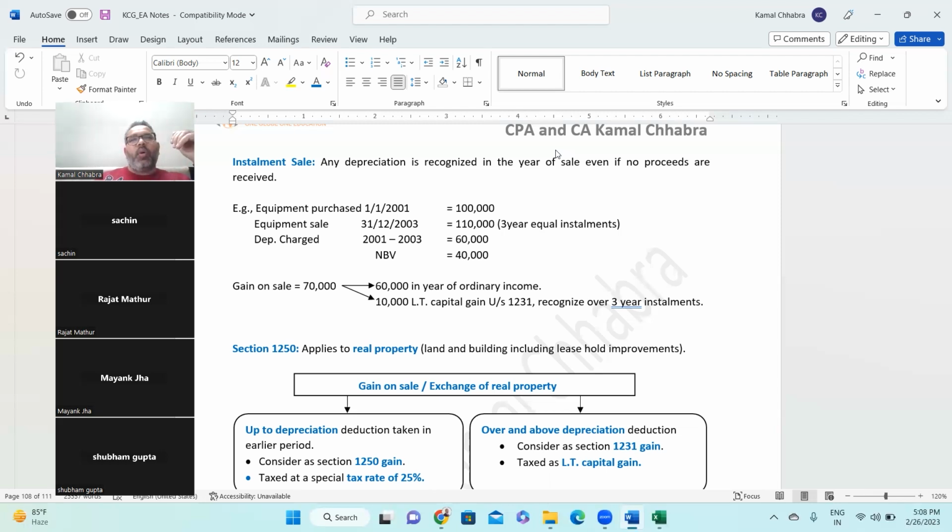Over and above, you gain $10,000. That is your long-term capital gain under section 1231. Make sense? Out of this 70,000, 60,000 will go into the ordinary income and 10,000 will go into the long-term capital gain under section 1231. Make sense?